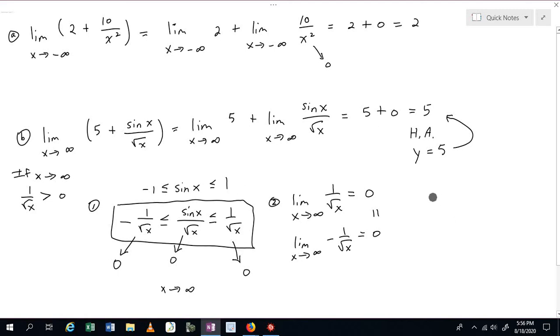Now, next time we'll look at some cases where, when you find the limit at infinity for a function, it is possible not to get a finite number. Maybe this is equal to infinity, or maybe negative infinity.